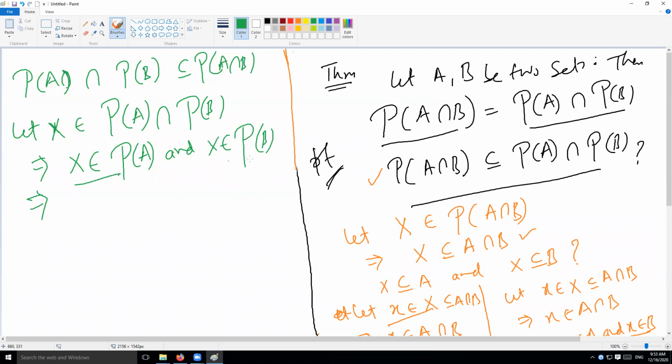Okay, if x belongs to the power set of A, what does it mean? X is a subset of A. Exactly, and X is a subset of B. So in fact, you can prove easily by taking an element from X that it is inside A and inside B, so X is a subset of A intersection B. Since X is a subset of A and X is a subset of B, it must be a subset of A intersection B. Okay? At this level, we are at a learning phase, so try to prove everything.